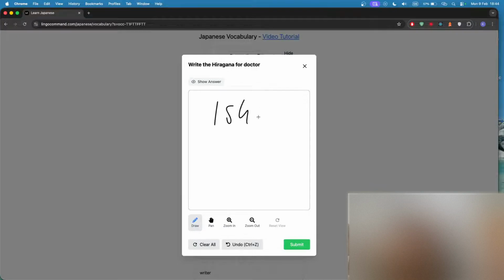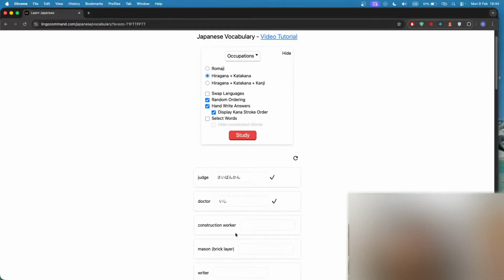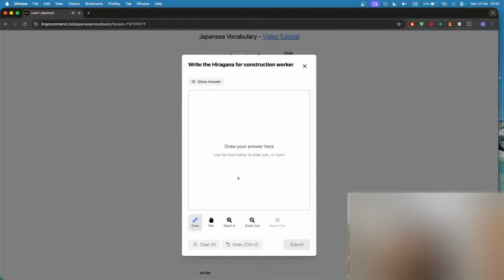So doctor is ishi. So let's write that. So this is I, and this is shi. Simple enough. Okay, so this one's kind of tricky, right? Because it's dobokusagyoin.